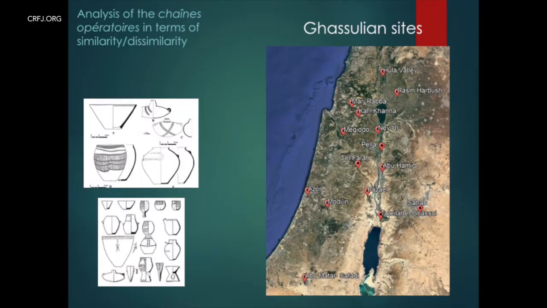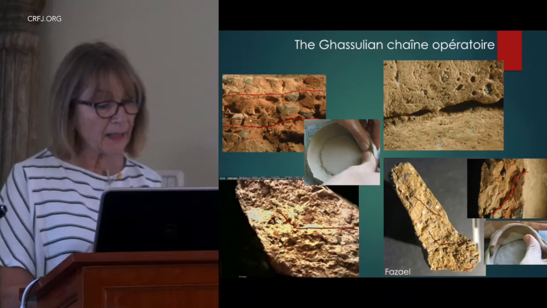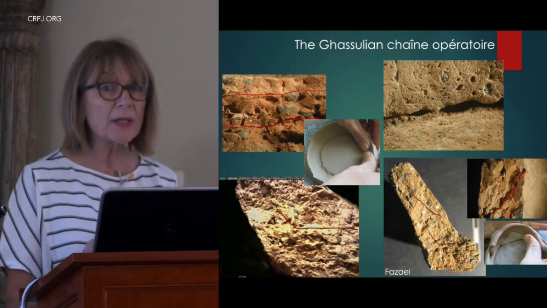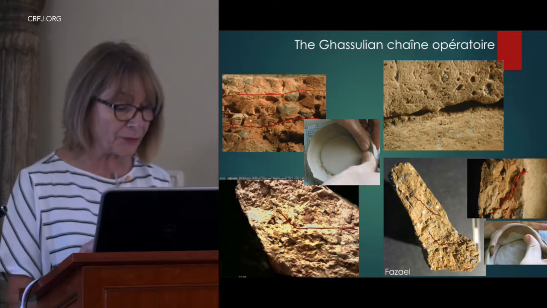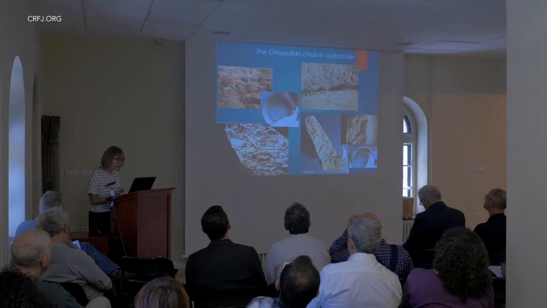The sites, as you can see on the map, are located in the different regions of the southern Levant. The results obtained highlight that a unique chaîne opératoire was carried out by all the communities of the southern Levant. It is characterized by the following operations.